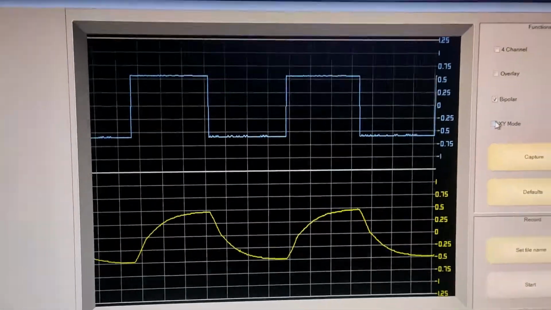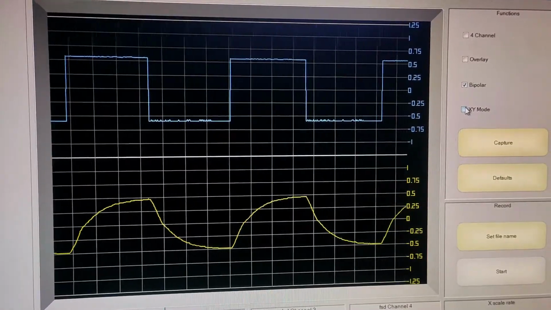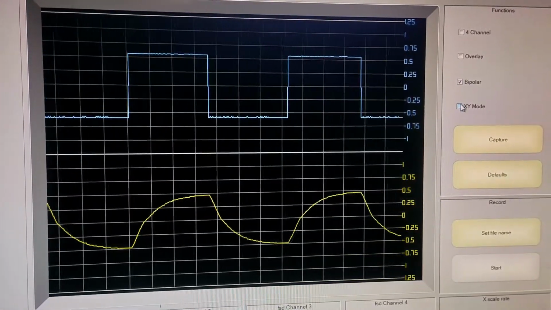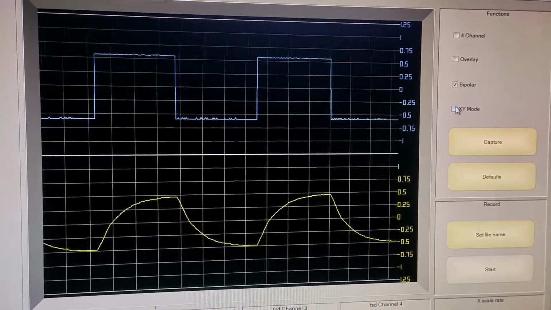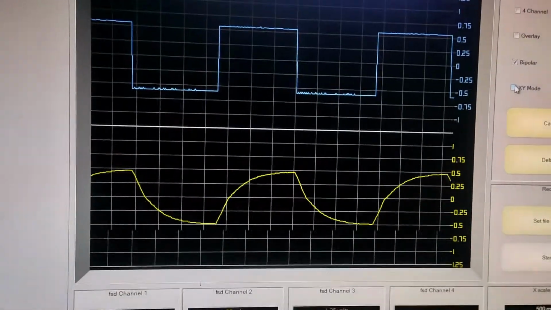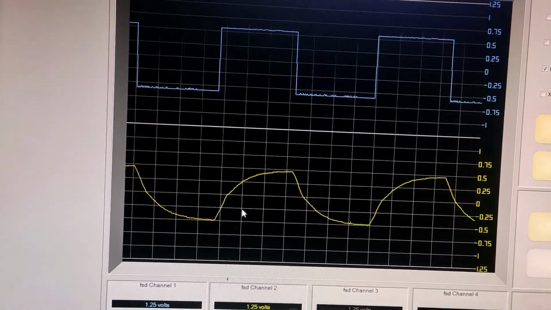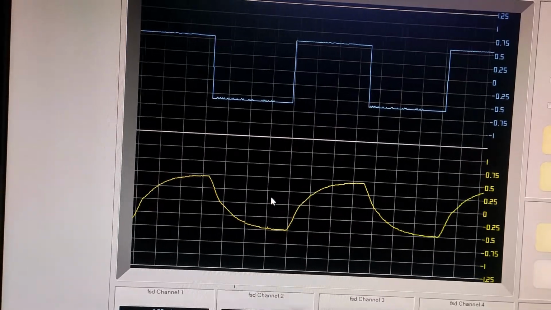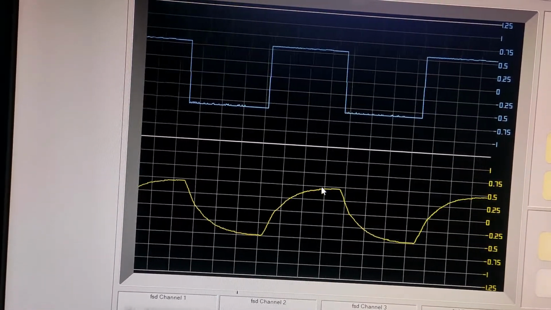You can see the responses from this graph. Blue is the input signal, approximately 0.5 positive volt and 0.5 negative volt, and the corresponding yellow is the output signal from the output shaft of the motor, connected through the tacho generator. This is the response of your system.